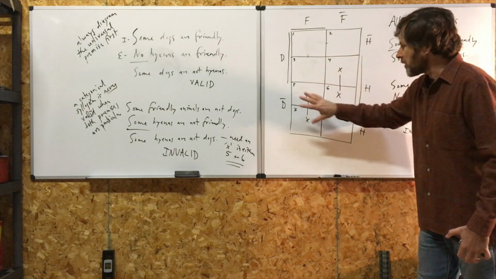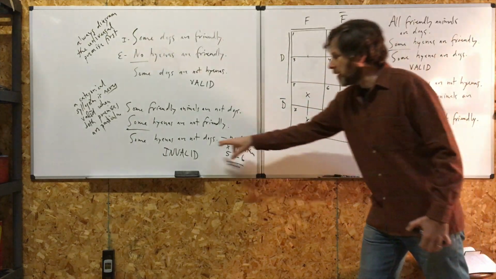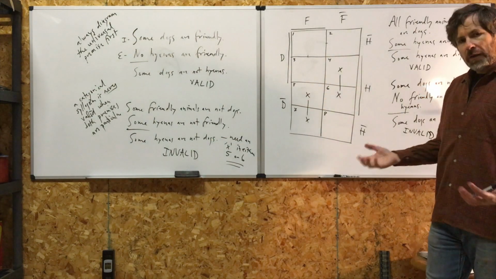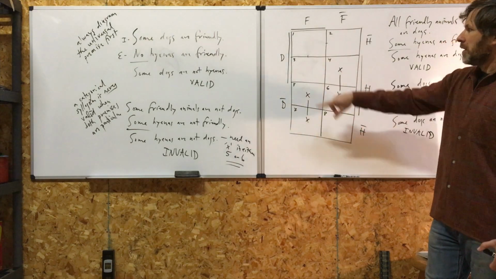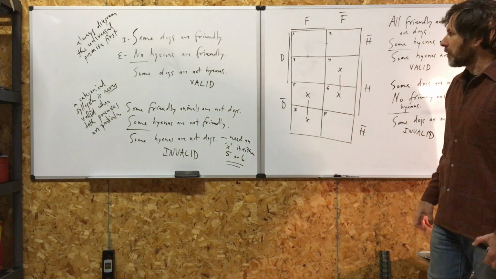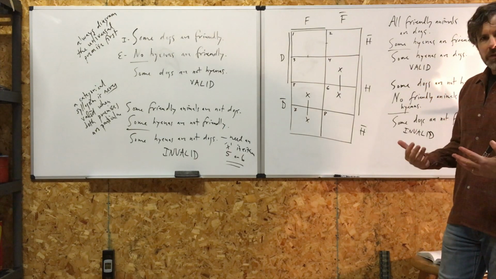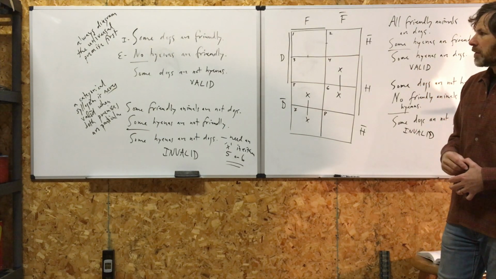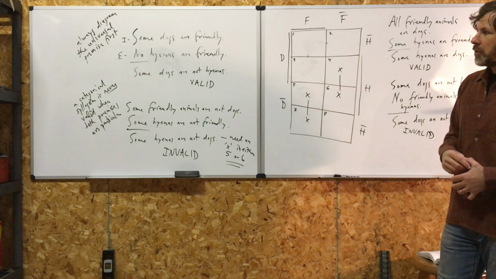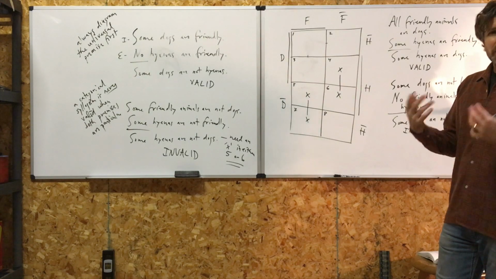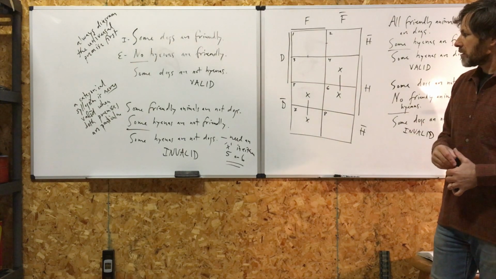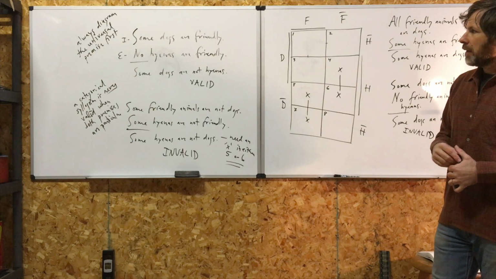But here there's too much iffiness to guarantee a conclusion, whatever that conclusion is, given the sets involved here. Hopefully that makes sense. Do as many examples as you can. There are lots of good examples in the book, exercises, and then look at those exercises online.